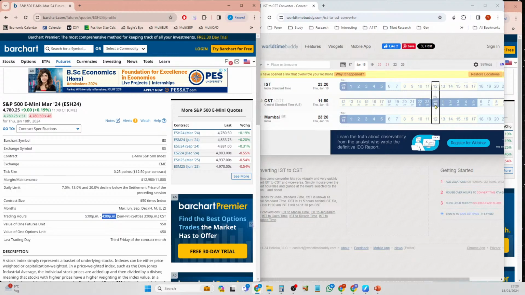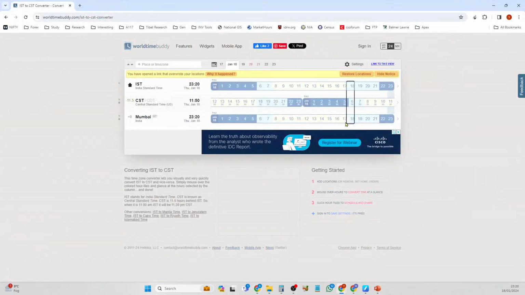4 p.m. EST, this is the 4 p.m. So basically 3:30 in the morning for us. So 3:30 in the morning for Indian Standard Time, the US markets close.